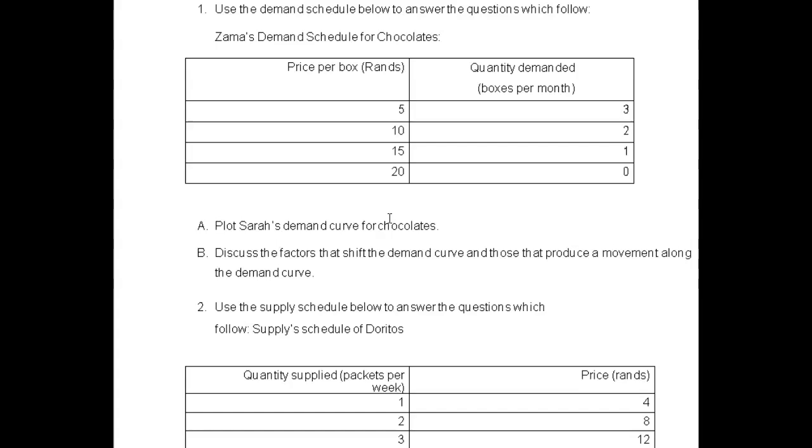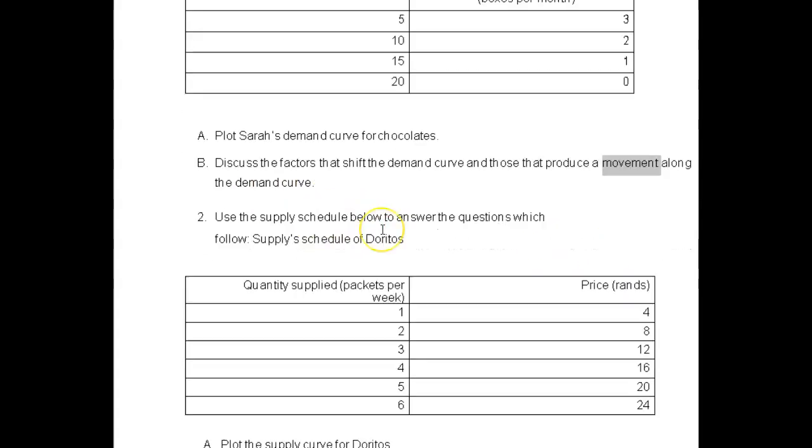At the end of the day, they might not like a certain thing after a couple of years. Those are the factors. Two factors there, and two factors that produce a movement along the demand curve. No matter what, movement is only one factor, and that is price. If the price increases, it'll move along the demand curve. If the price decreases, it'll also move along the demand curve. So price only gives a movement along the demand curve.